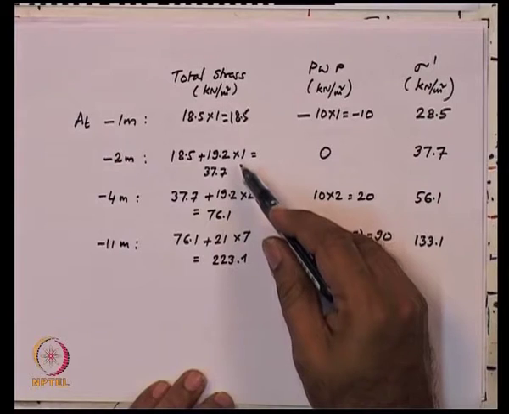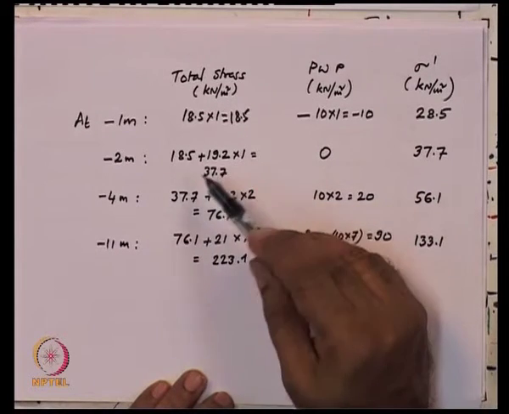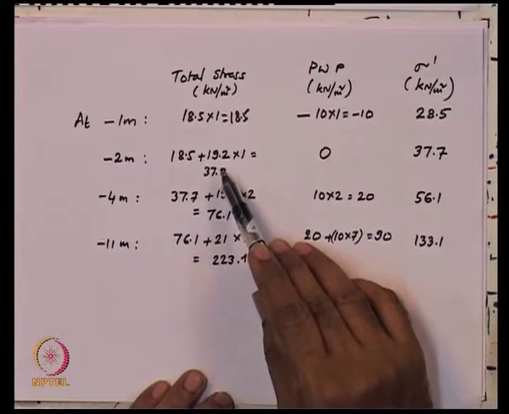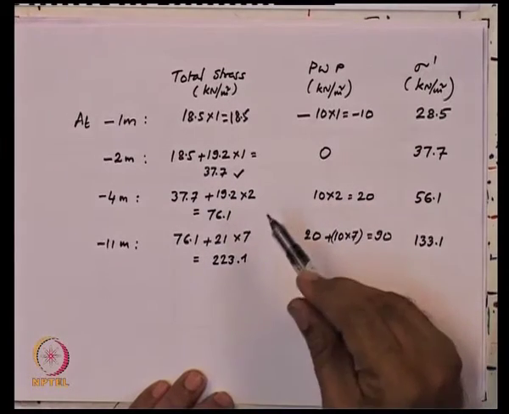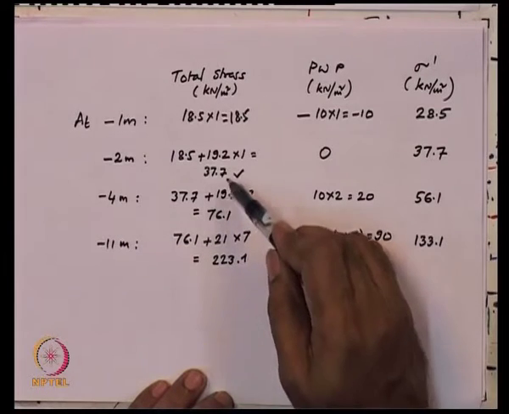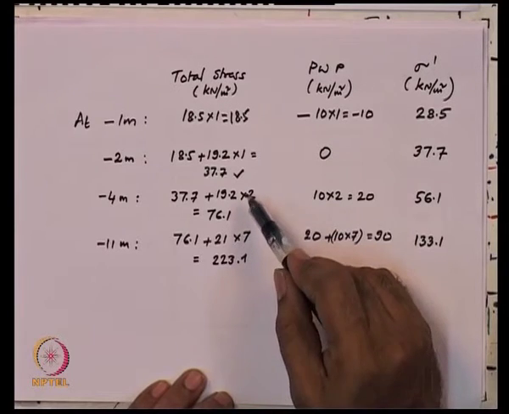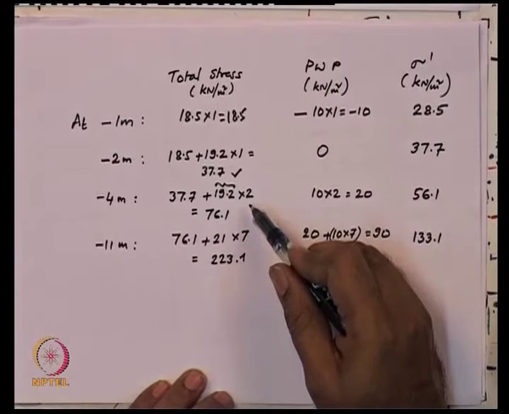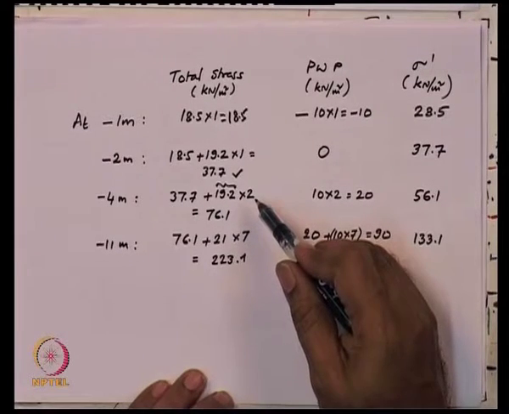At -2 meters, that is 2 meters below the ground, the total stress is 18.5 plus 19.2 times 1, so it becomes 37.7. At -4 meters, it is 37.7 plus 19.2 times 2, because 19.2 is the saturated unit weight of the soil, and 2 meters is the vertical distance between -2 meter and -4 meter.